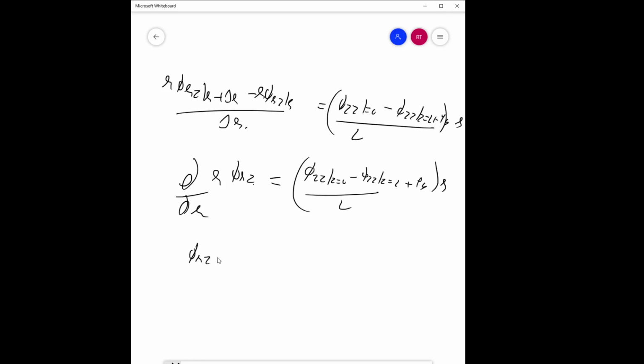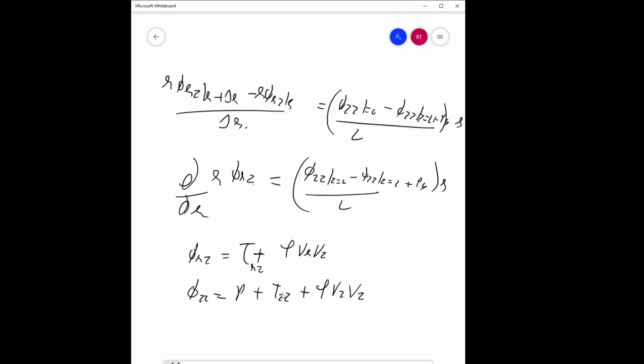Now here this is a combined momentum flux, so this can be written as, there's no pressure term here, no pressure difference, so it's just tau rz plus rho vr vz. And similarly here there is a pressure term, so phi zz is equal to P plus tau zz plus rho vz vz.